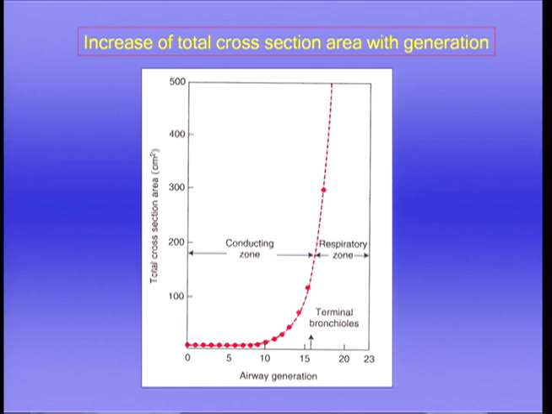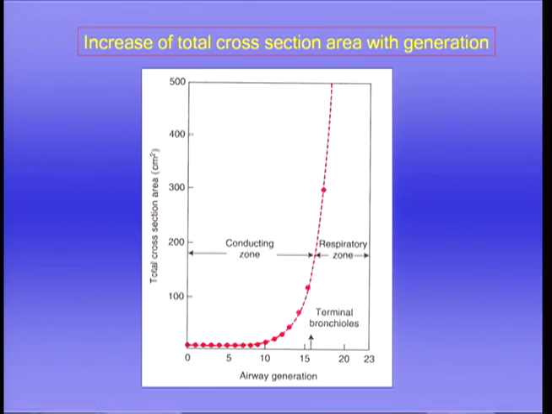When the pollutants get to the respiratory zone, their diffusion rate is extremely small. Although they're small particles, they're much more massive than the molecules of air. And for that reason, they're unable to traverse this region from the junction of the conducting zone and the respiratory zone to the peripheral alveoli.